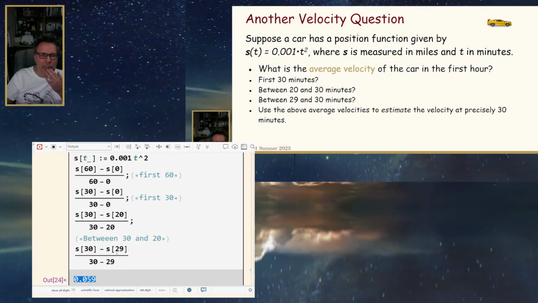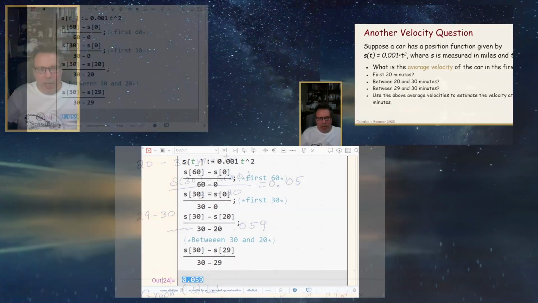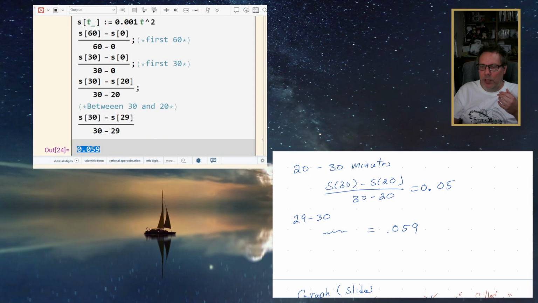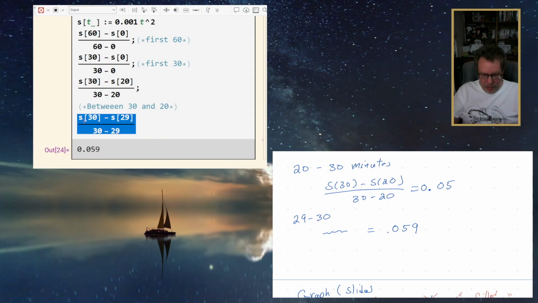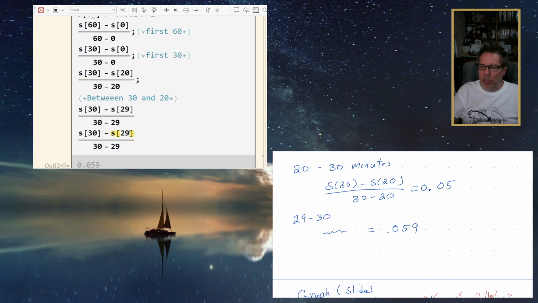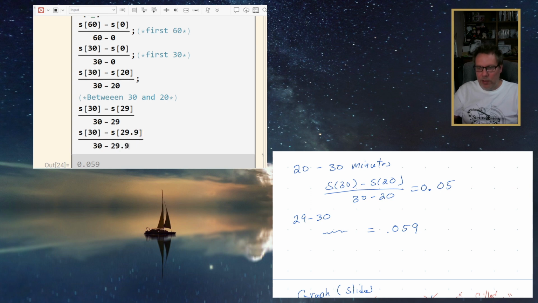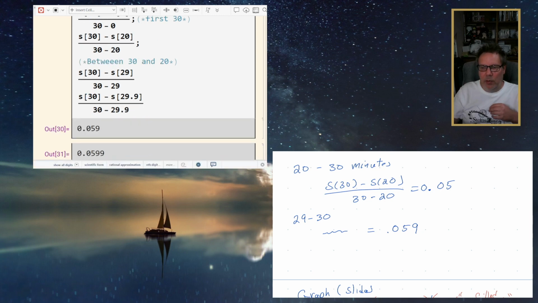Now, one thing I can do a little bit better: instead of 30 to 29, I try to make this time interval even smaller, 30 and 29.9. So now I'm only going a tenth of a minute here, and that's going to look like 0.0599.